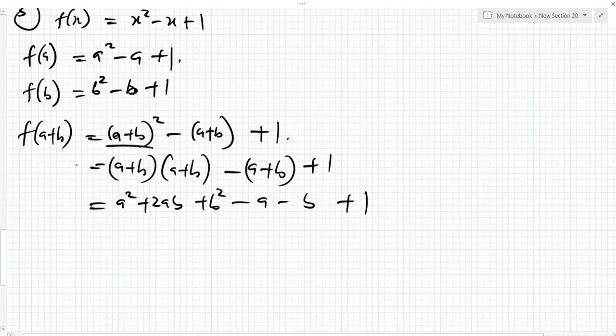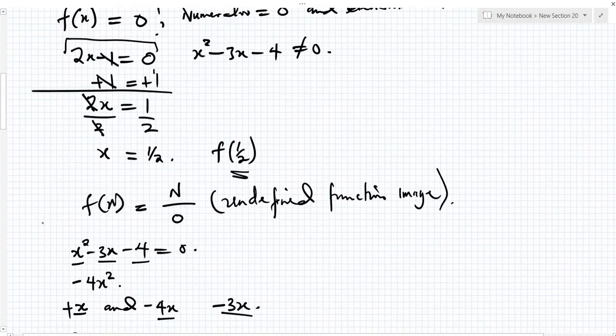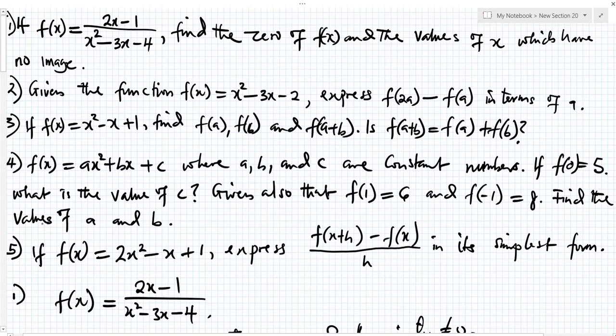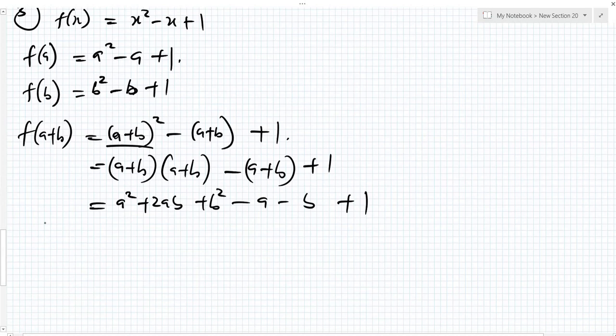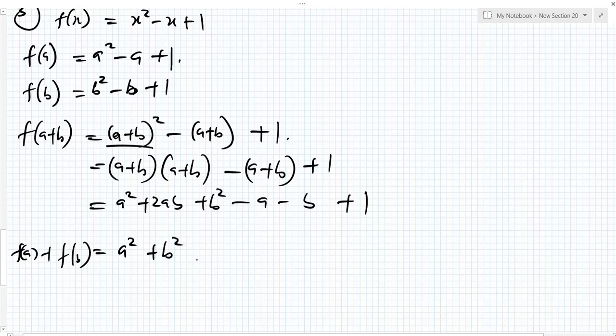Now these are just the expressions. So now they asked, is f of a plus b equal to f of a plus f of b? From this, f of a plus f of b is equal to a squared plus b squared minus a minus b plus 2.